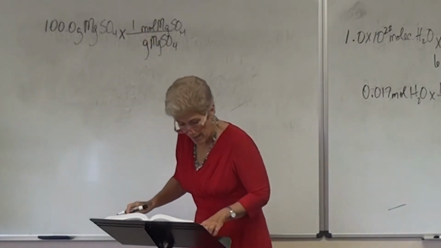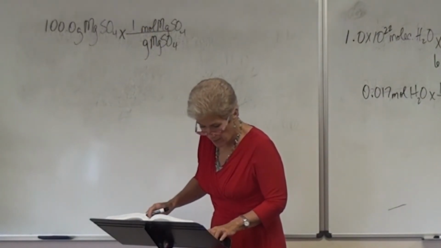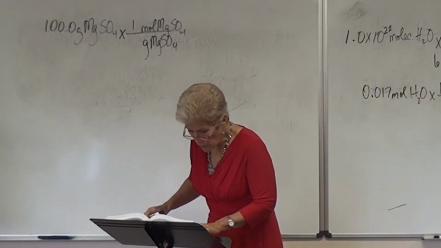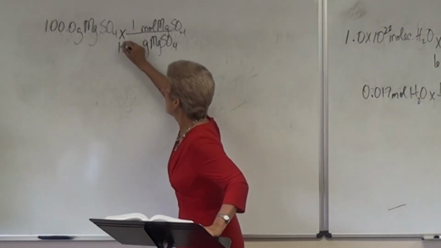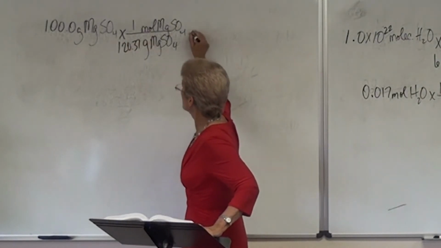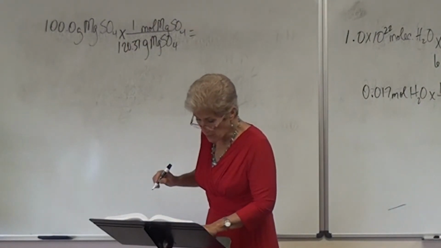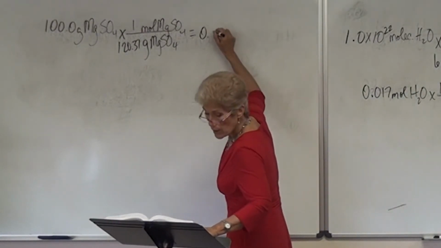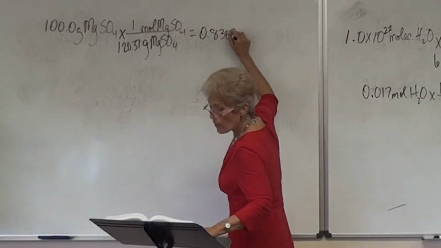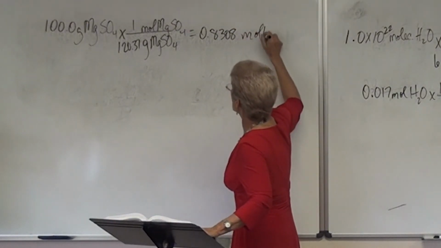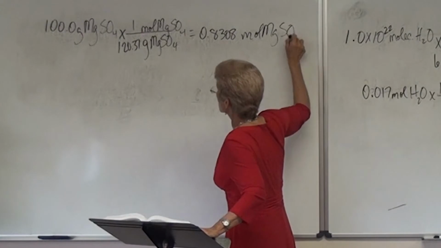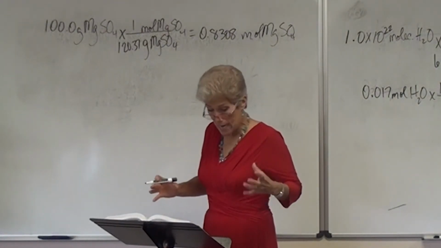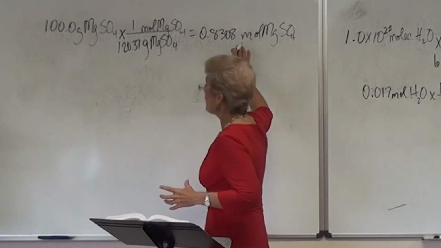So 1 mole of magnesium sulfate, if you add it up, let's see, it is 120.37. Okay? And so that's going to give us, in 4 significant figures, 0.8308 moles. If any of this is wrong, you got to tell me, because I actually did this yesterday. Now we have how many moles?